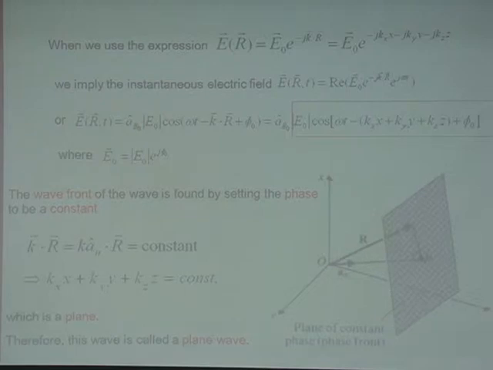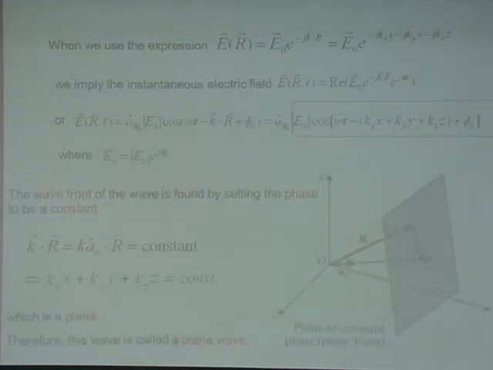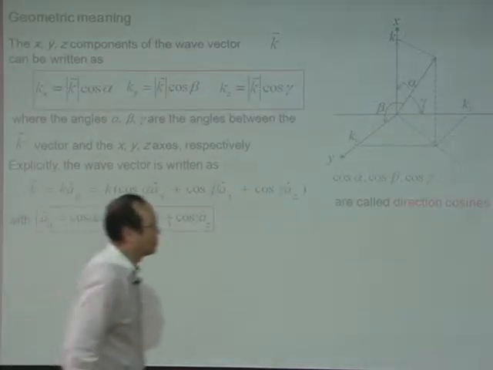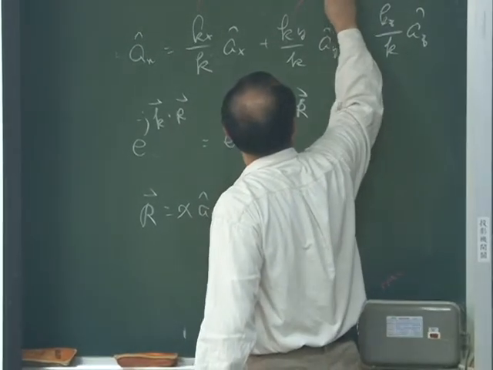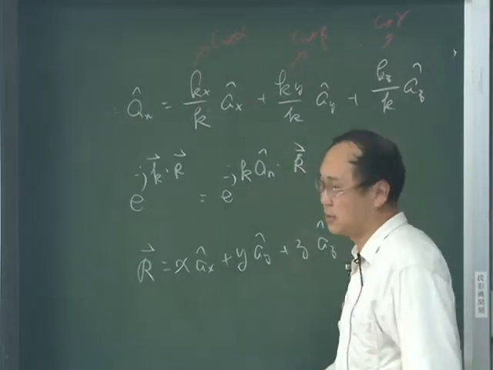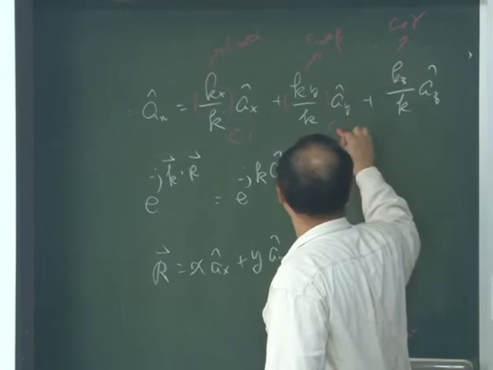Okay? This was all introduced in chapter one. Now let's look at it: we write it as a unit vector direction. You know the direction of this plane is along the k direction, or along the en direction, this unit vector direction. So what is the relationship between kx, ky, kz and the direction of this unit vector? Let's look here. Let's write this as cosine alpha, this as cosine beta, and this as cosine gamma, because this is a value less than 1, and this is also a value less than 1.